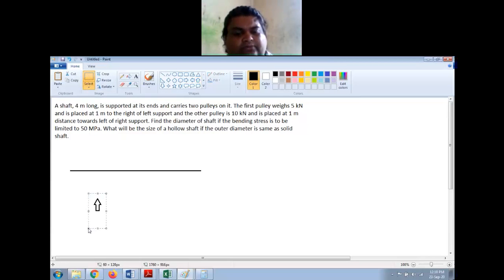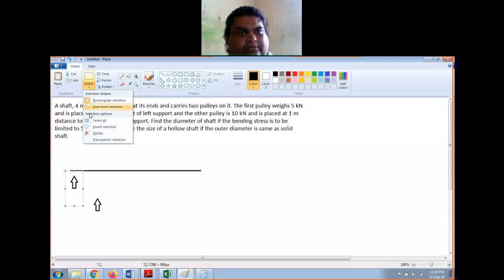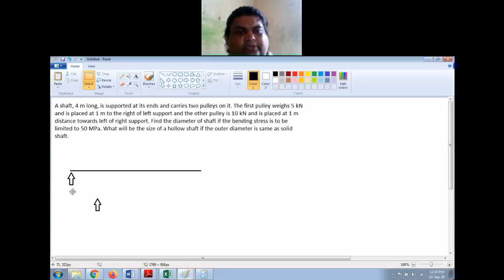So I have one support here and there is another support here, right? And he says there is two pulleys on this shaft which are weighing 5 kilonewton and 10 kilonewton, and they are placed on this shaft. So that will act as a point load.